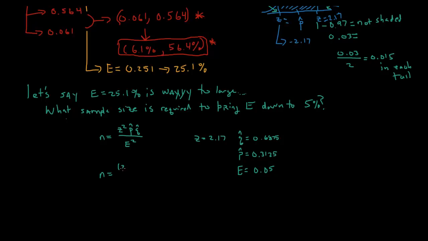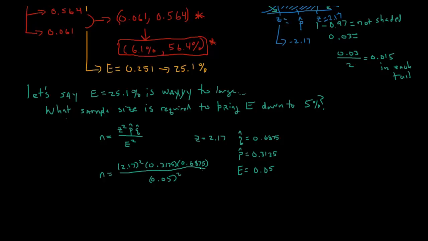So going over here, we can say n equals 2.17 squared times p hat, which is 0.3125, times q hat, which is 0.6875, all of that over e squared, which is 0.05 squared.